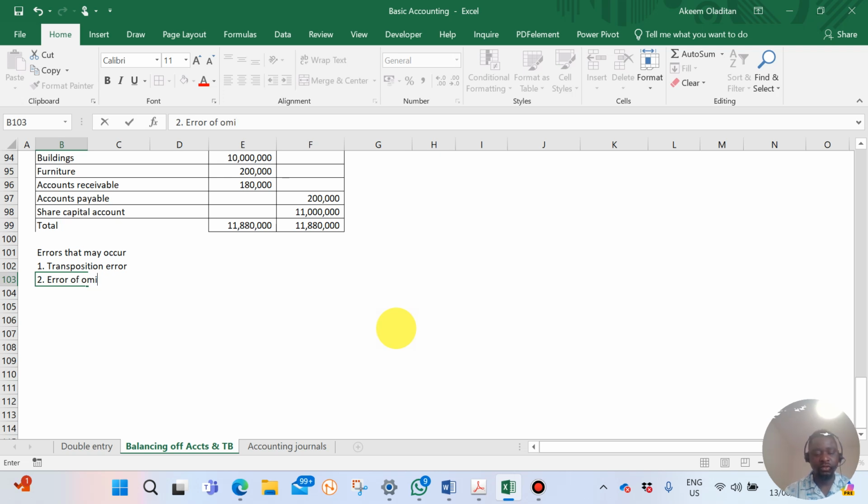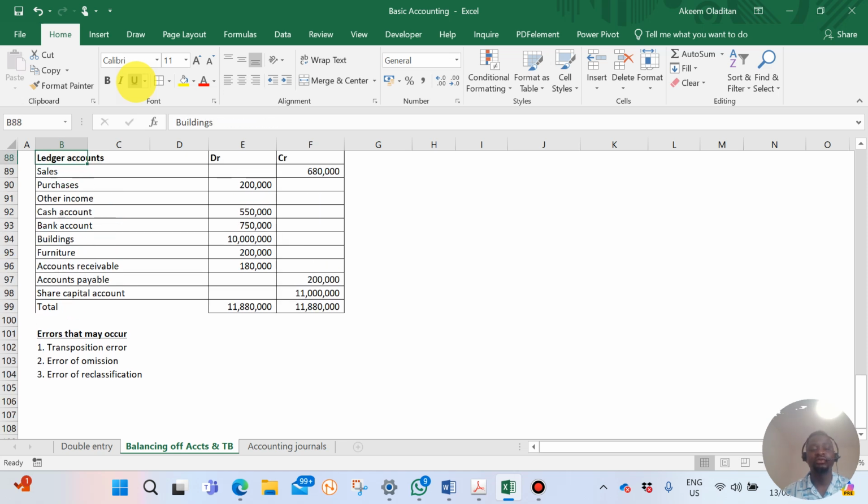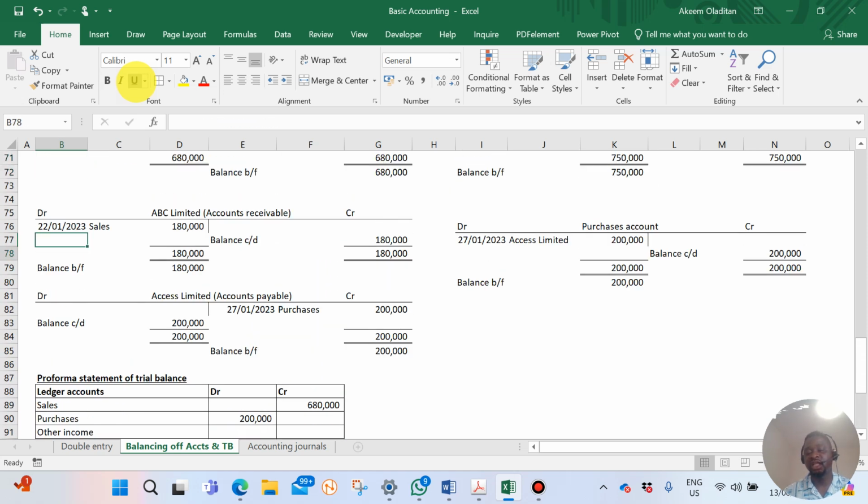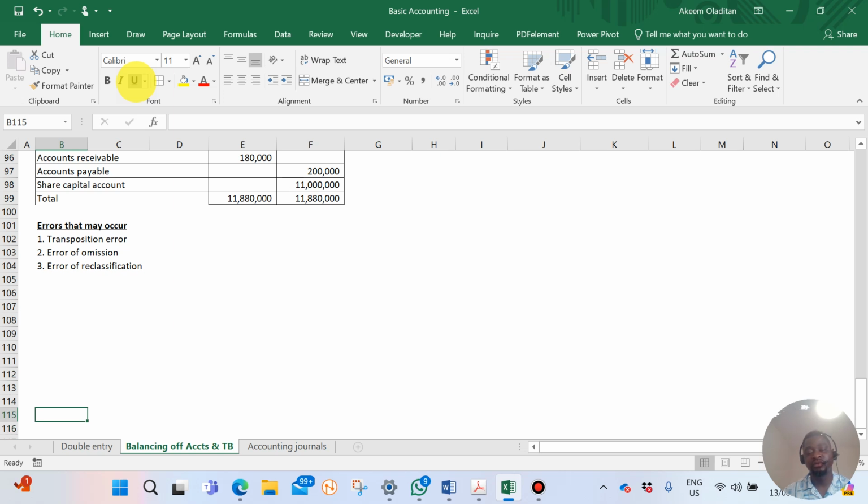Then an error of reclassification. So it can be any of these three errors, but for the purpose of this discussion, we'll not go deep into each of these errors to explain them. But if any of these occur, there's also a way of finding out those errors and correcting them. So thank you so much. Thank you. Bye.